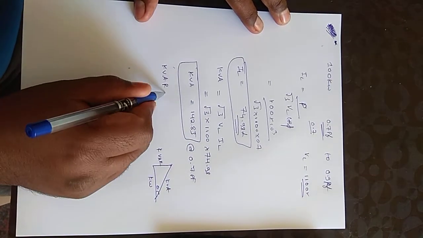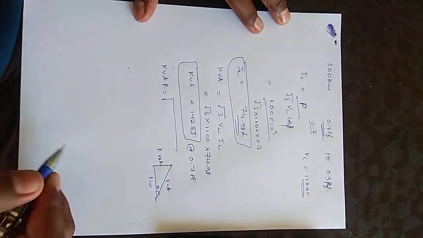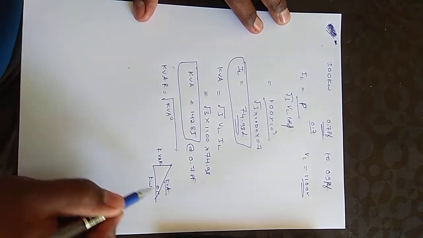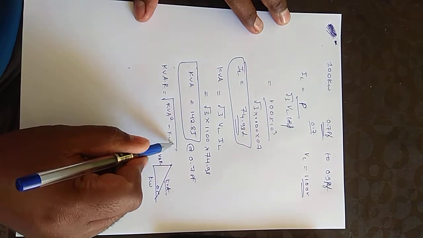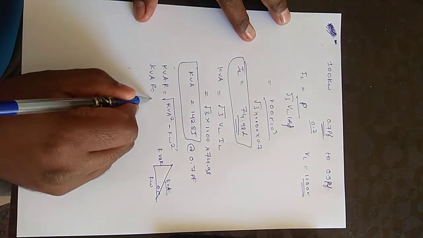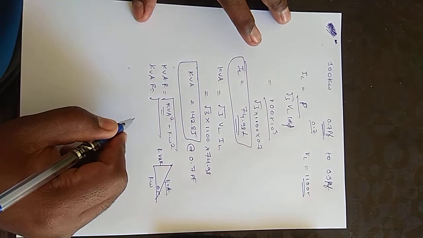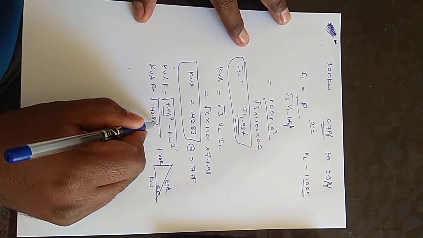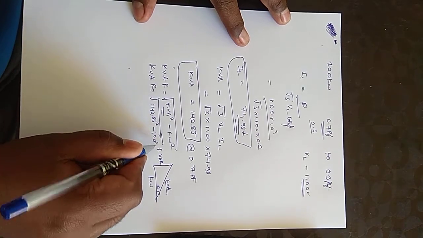So kVAR is equal to the square root of kVA square minus kilowatt square, that is 142.85 square minus 100 square.